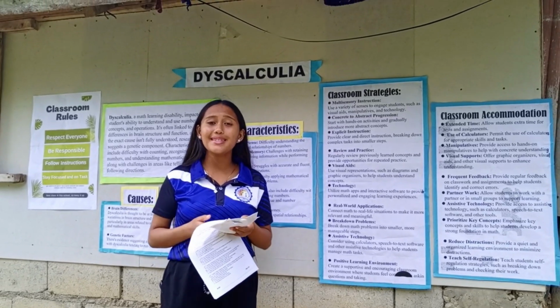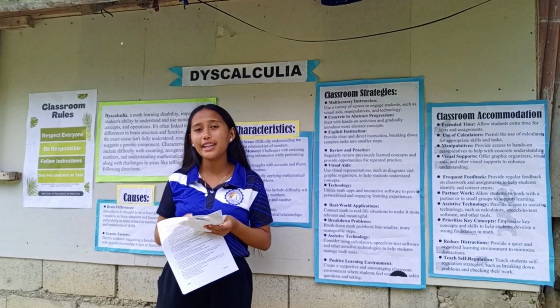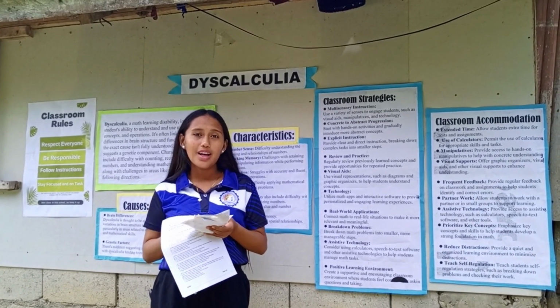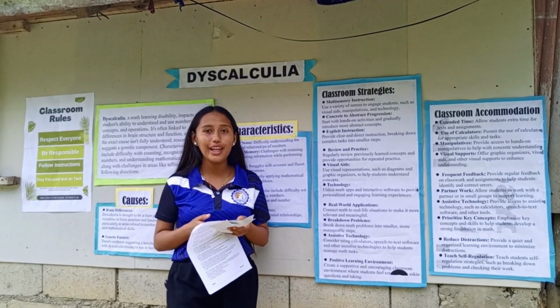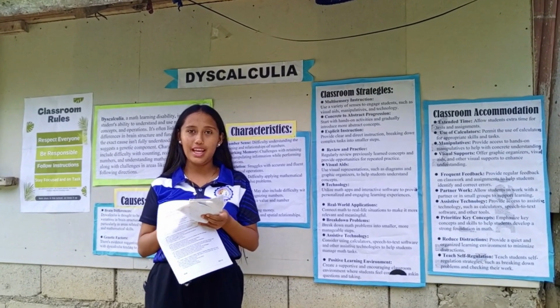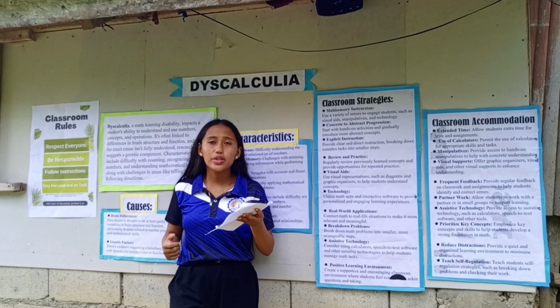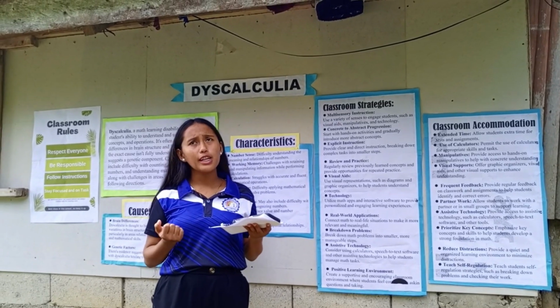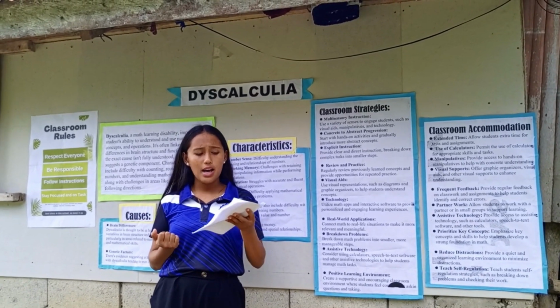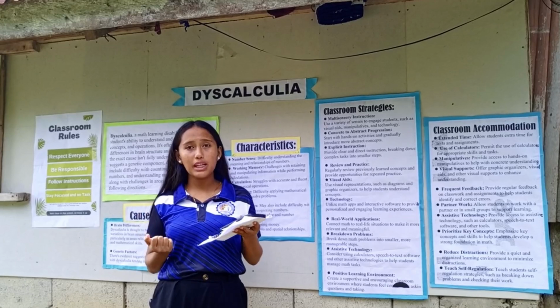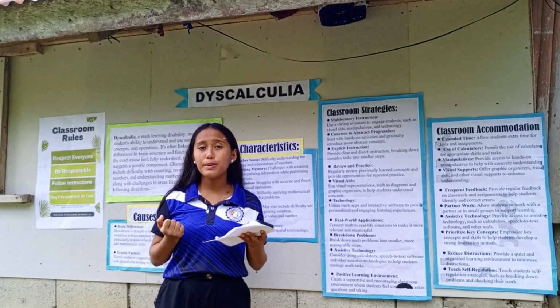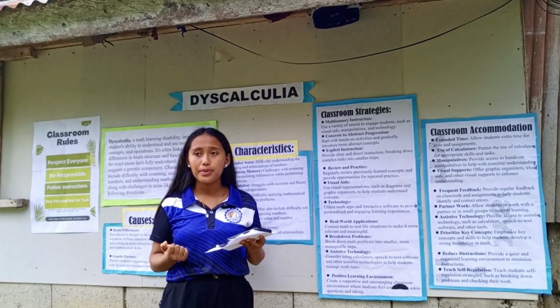So, class, how was the activity? Did you find it happy or enjoyable? Okay, I'm glad that you feel happy with our activity. So, to start with, have you ever encountered a person who has difficulty in mathematics, specifically in numbers?